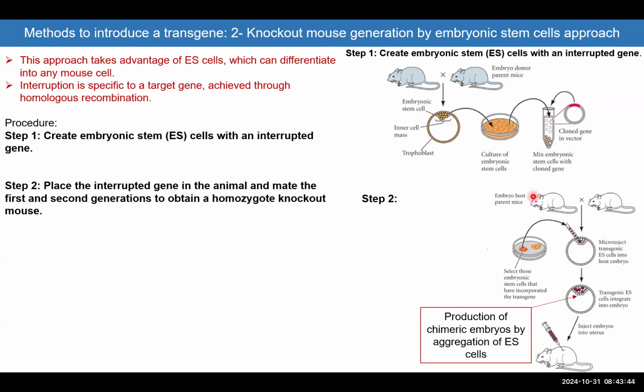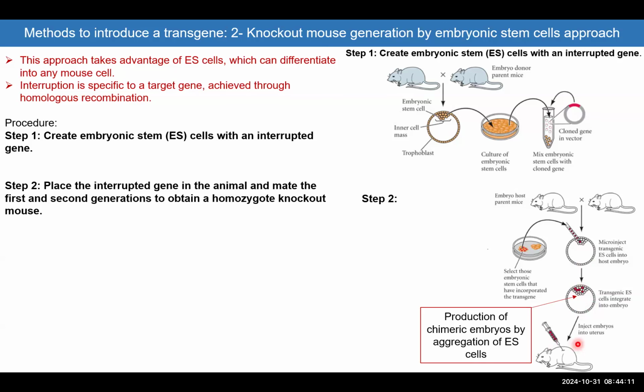Now I'm breeding these two mice again. They will generate an embryo again, and I will let the embryo grow until a certain point where it's the blastocyst again. At this point, I will inject those engineered embryonic stem cells that were selected into the embryo. And that's how I create the chimera of mice.